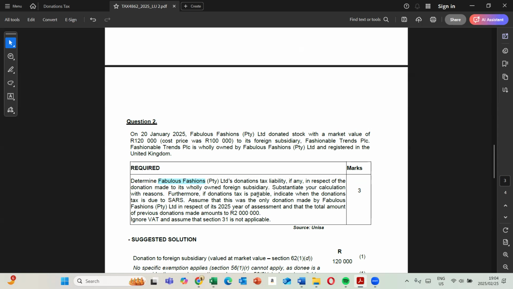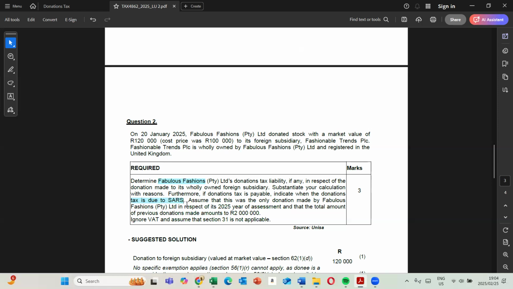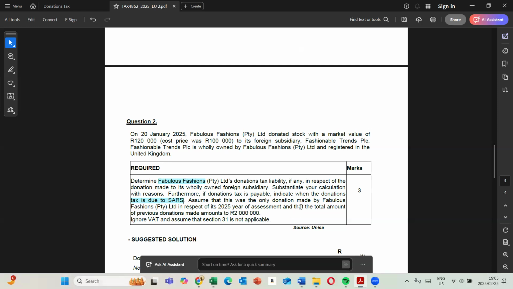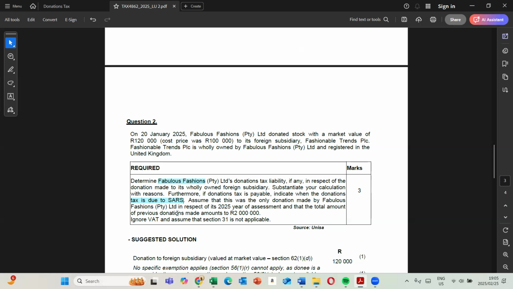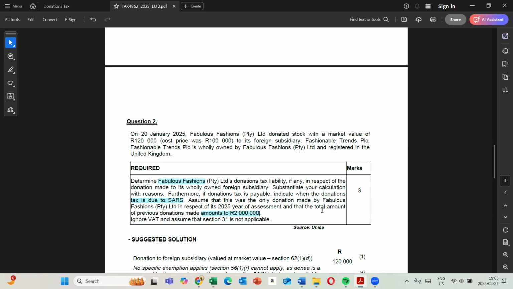Furthermore, if donations tax is payable, indicate when the donations tax is due. You see, it's important. Assume that this was the only donation made by Fabulous Fashions in respect of the 2025 year of assessment, and that the total amount of previous donations made amounts to 2 million. So the other donations which Fabulous made amount to 2 million.